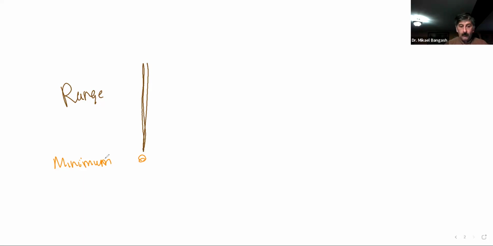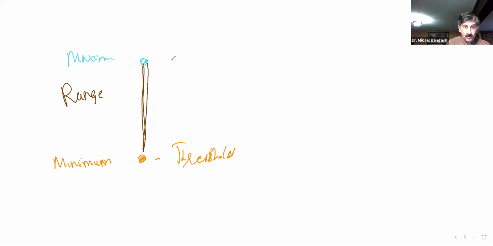But the minimum value of our range here is going to be called threshold, whereas the maximum value of our range here is going to be called saturation.